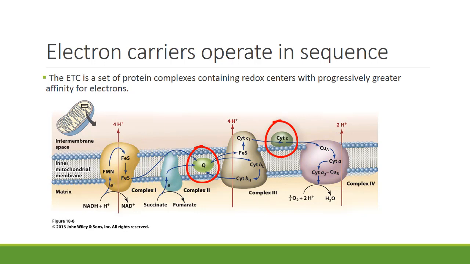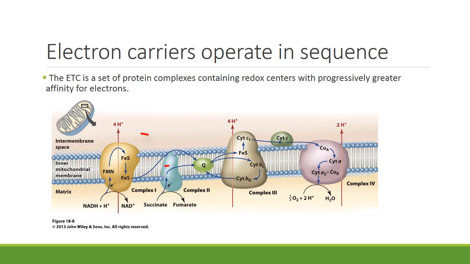The complexes, as you can see here, are embedded within the inner mitochondrial membrane, and often there are multiple sets of these complexes all throughout this highly folded inner membrane so that we can rapidly consume any incoming NADH or FADH2. As NADH and FADH2 are created within the mitochondria during the TCA, they then immediately pass their electrons on to complex 1 and 2 respectively.